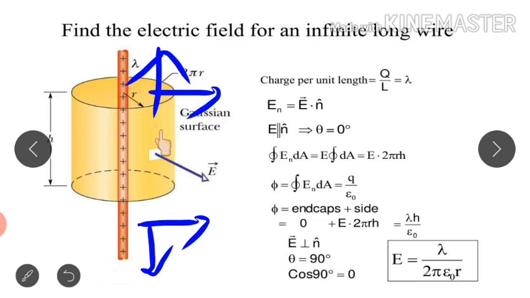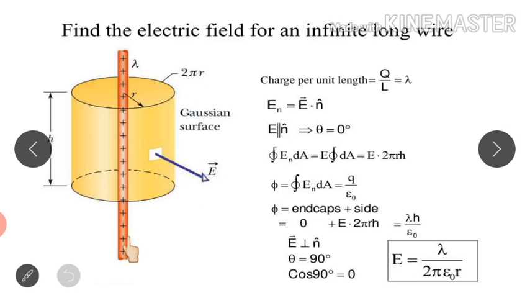Now we will talk about the curved surface area of the cylinder, this region. For this curved surface area, the direction of the electric field will be in this direction. The direction of the area vector will also be in this direction. It means theta is 0 over here. If theta is 0, cos 0 gives us what? 1.